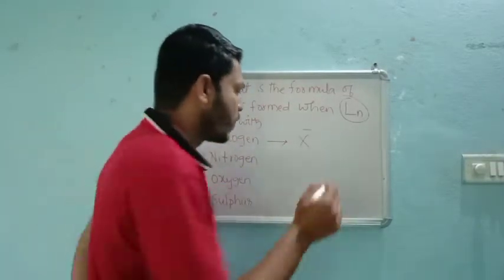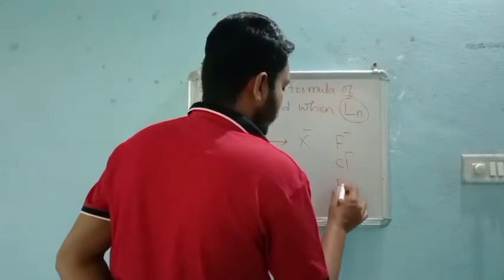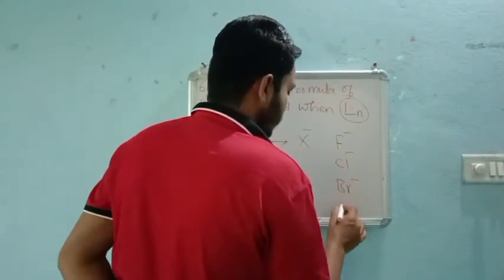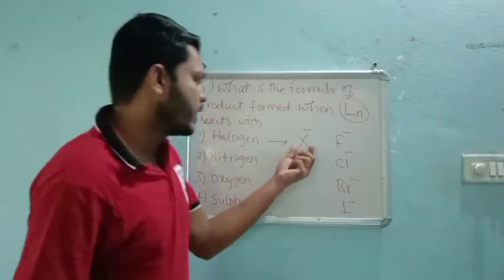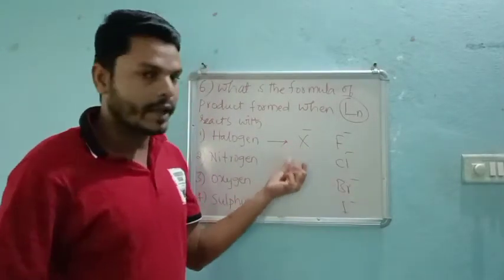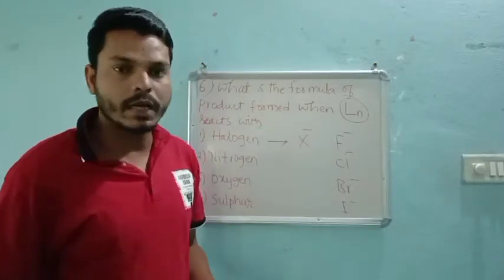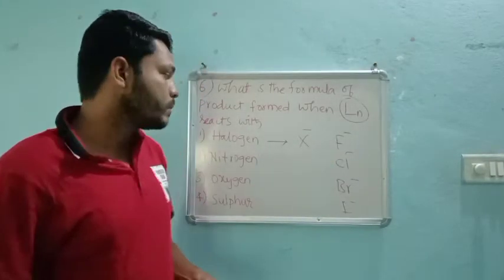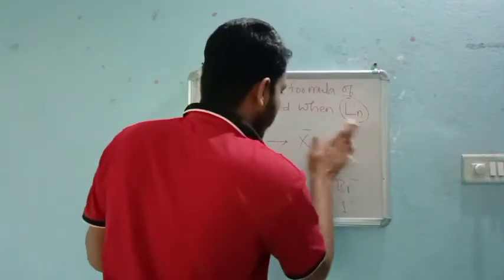Don't forget, why? Because we write it like this: fluorine, chlorine, bromine, iodine. So these elements are represented with X, and they have a negative charge, one negative.